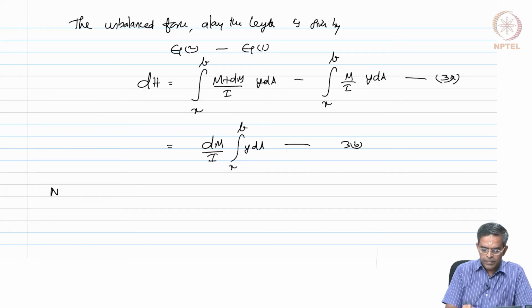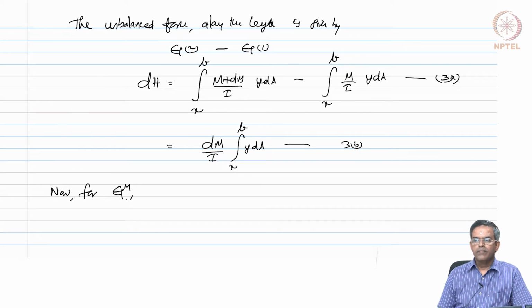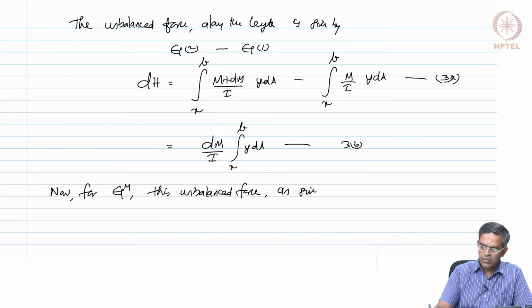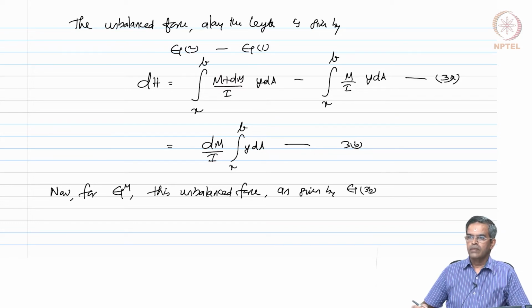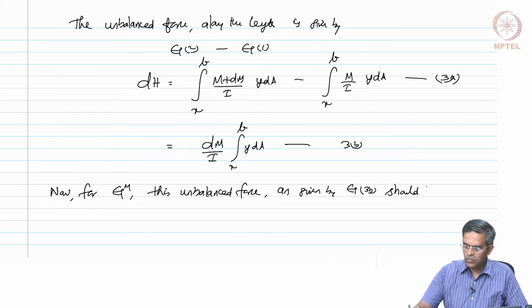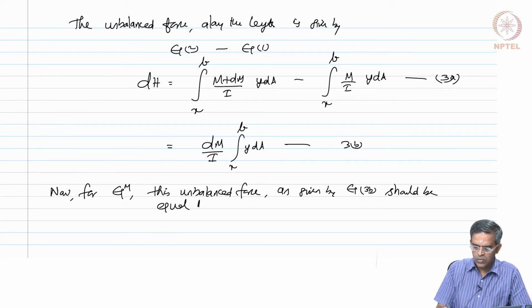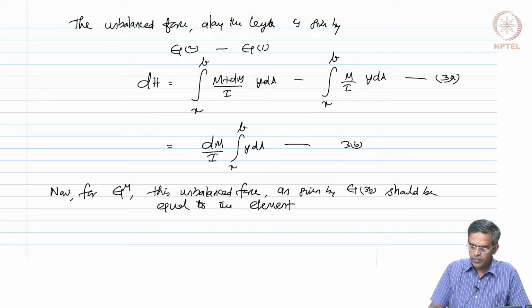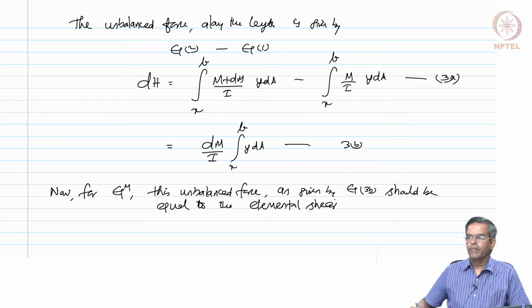Now for equilibrium, this unbalanced force as given by equation 3b should be equal to the elemental shear which is opposing this force.